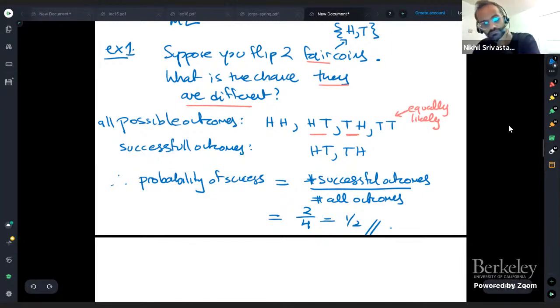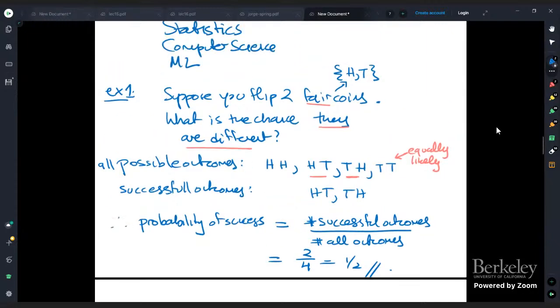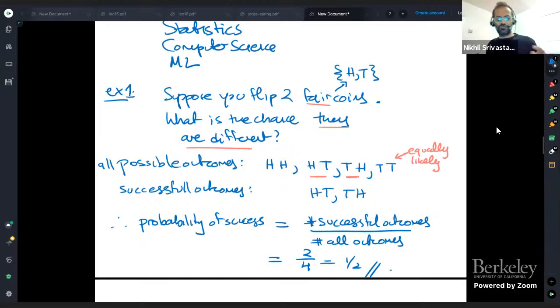I have a question. Uh-huh. Why is heads-tails and tails-heads different? Are we saying that it does depend on which coin is which? Right. So in real life, the coins are distinguishable, right? Like there are actually two coins.